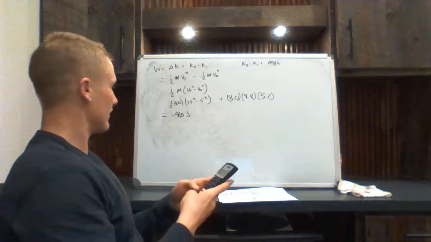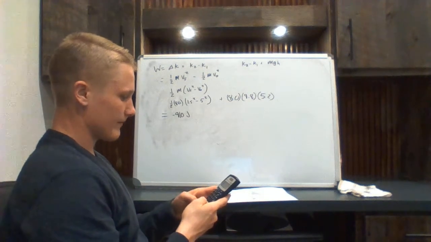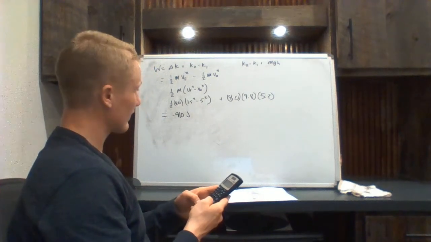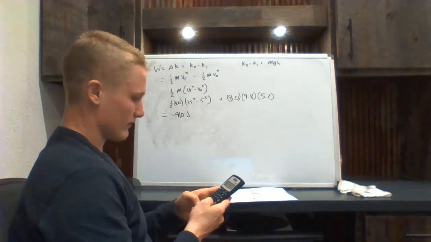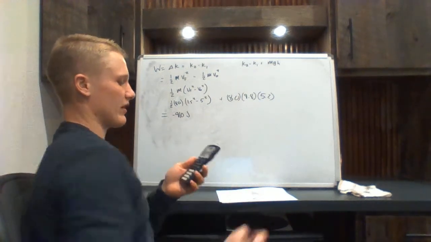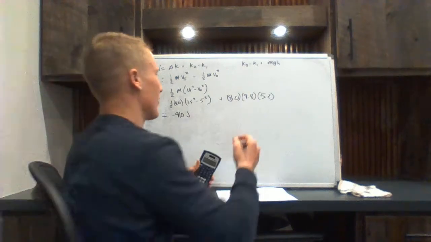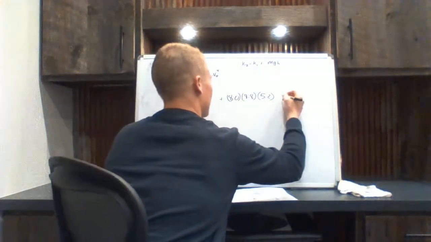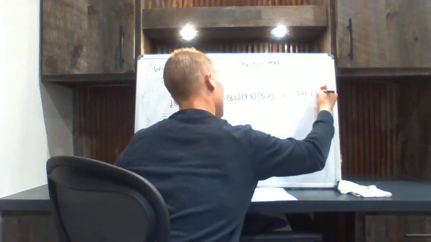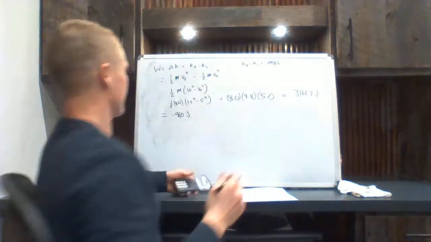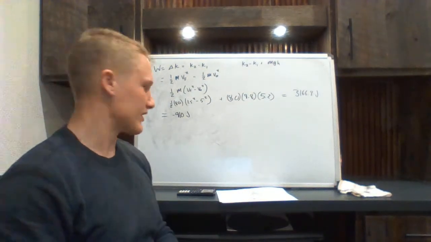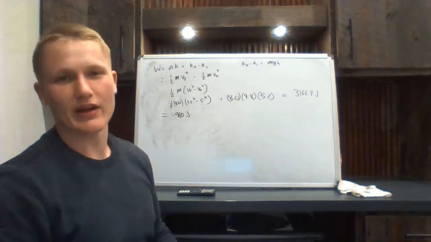When you get all of that, you get 3,166.8 joules. And that is question 74 in chapter 6.